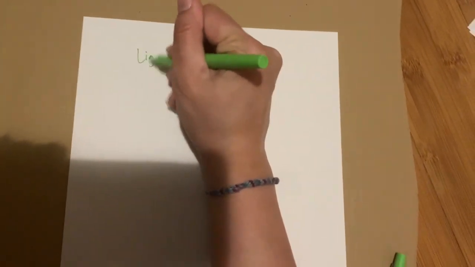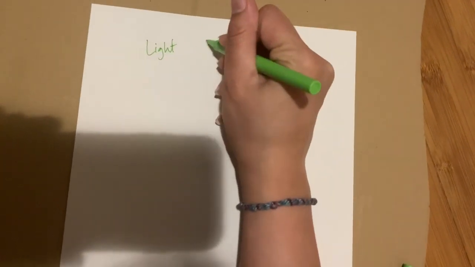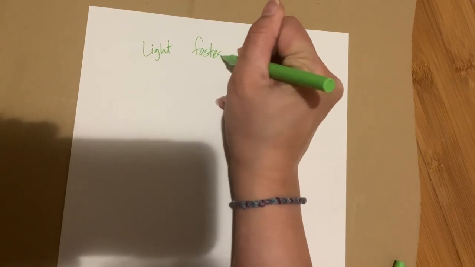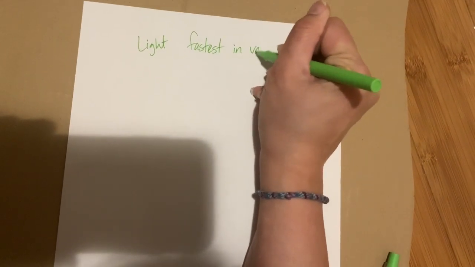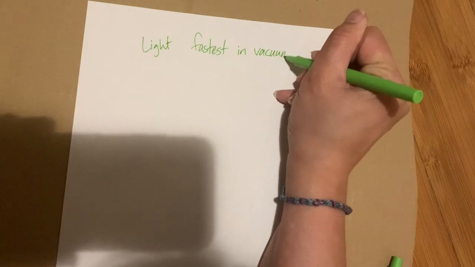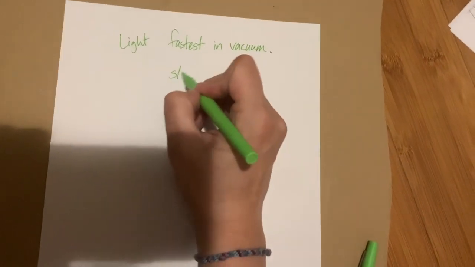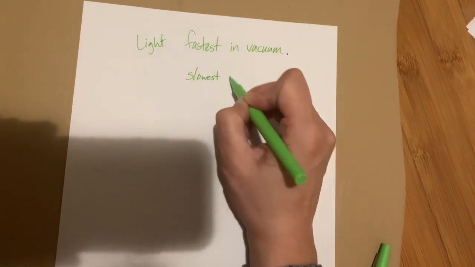So now instead of gators, let's go back to light. So light is fastest in a vacuum. Slowest in a solid.